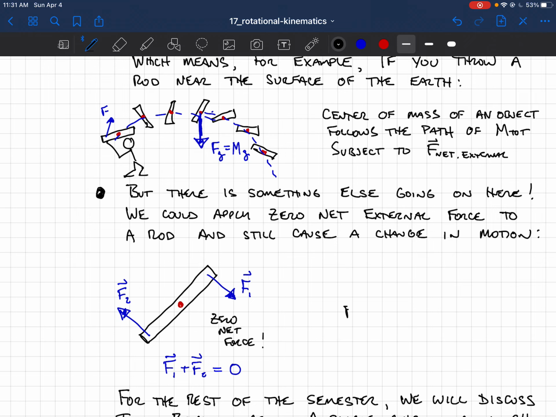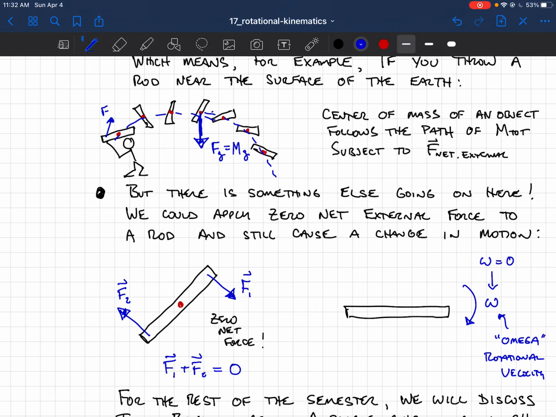But what's going to happen to the meter stick is it's going to start to rotate. And we draw that with the Greek letter omega. So this is omega, and we call it a rotational velocity. So by applying these forces like this, we went from omega equal to 0 to some omega greater than 0. We draw that with curved arrows here. These aren't vectors, just arrows meant to show that the object is rotating.